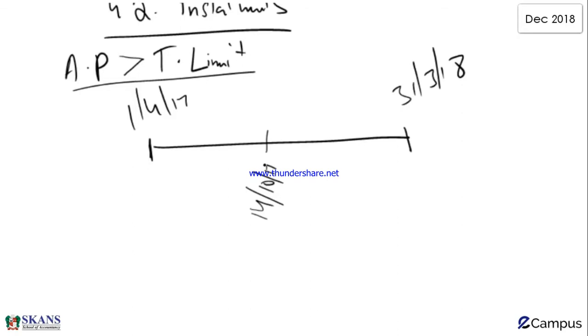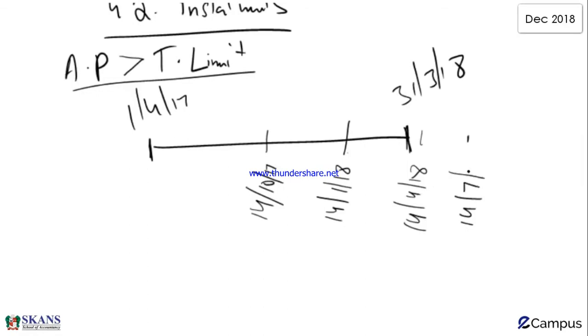2017. As these are quarterly installments, next installment must be paid by 14th of January 2018. Next installment, which would be due, would be on 14th of April 2018, and then on 14th of July 2018.